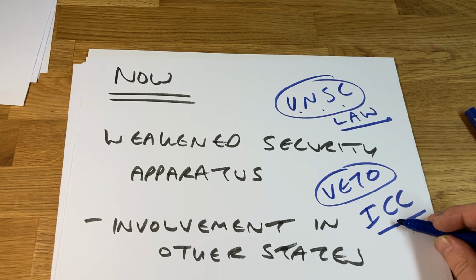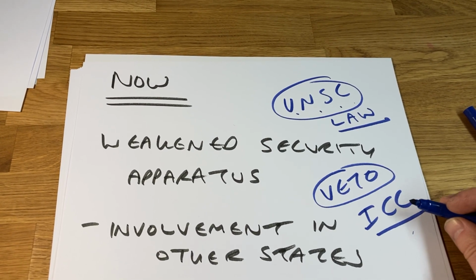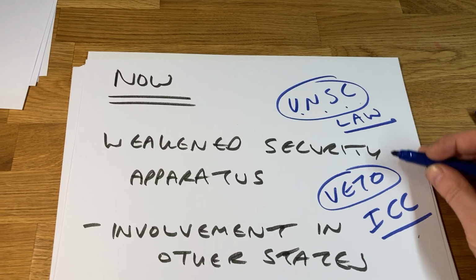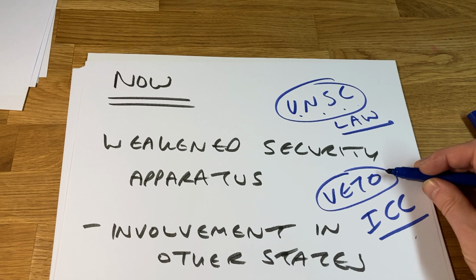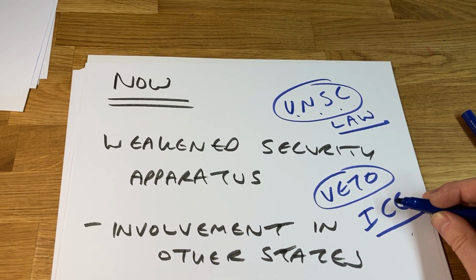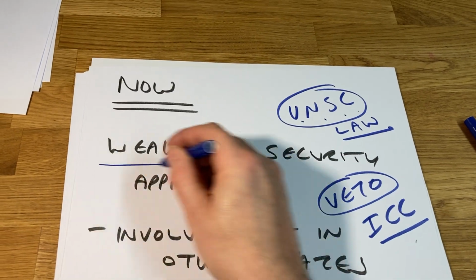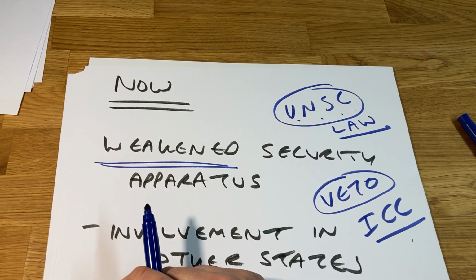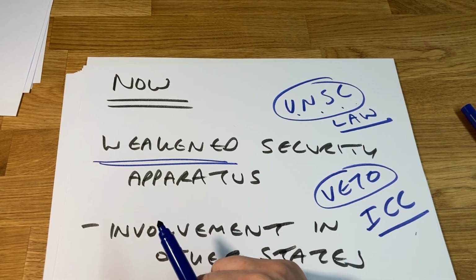If the International Criminal Court determines that Russia has committed the crime of aggression, Russia will veto it. And it's a permanent member. It has veto. So you either change the whole system and scrap it, which then totally weakens the international security apparatus, blowing it apart, and you're back in the situation of the League of Nations.